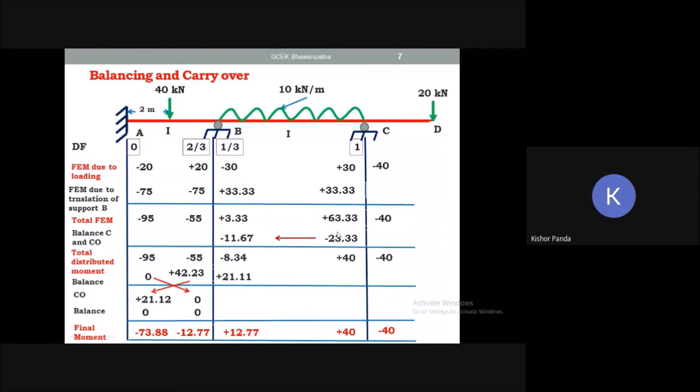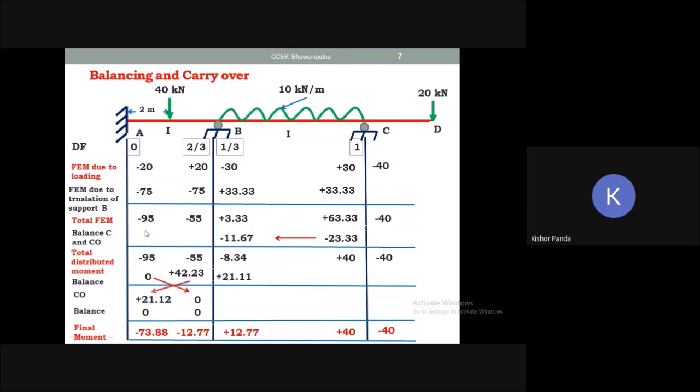Here you see this is balanced because this is 63.33 and this is minus 23.33. So what is the total moment here? Plus 40, and this is minus 40. So this is balanced, and this is the carryover. Again, you draw one horizontal line here.